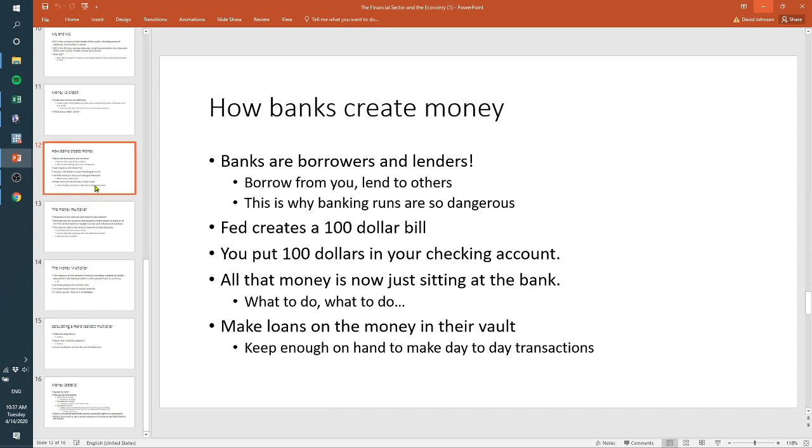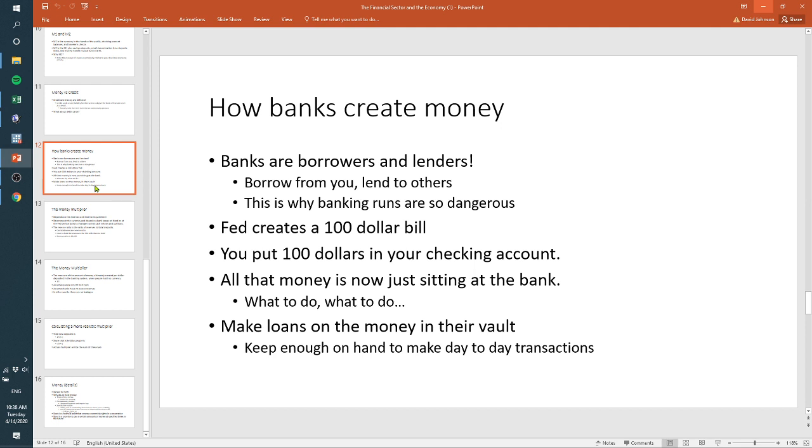All right, so basically, to review how banks create money. The Federal Reserve will end up creating $100 bills, or someone's going to end up depositing $100 bills in a bank. That money's just sitting there at the bank, so the bank loans out a portion of it, and that portion gets spent and becomes income for someone else and is redeposited into the bank, and the bank loans a portion of that out, and that creates money.